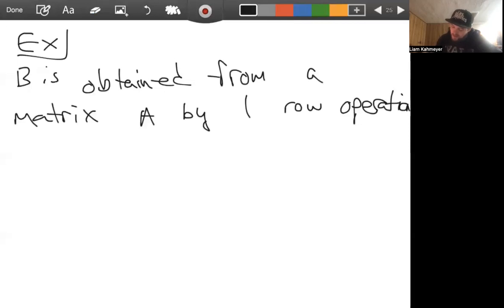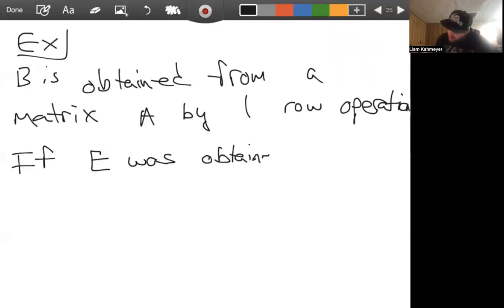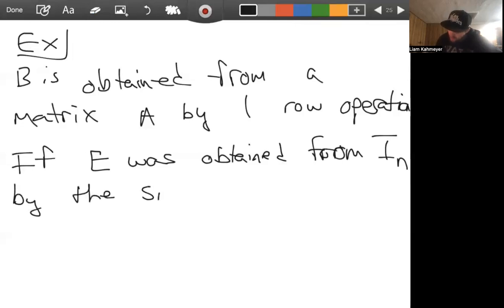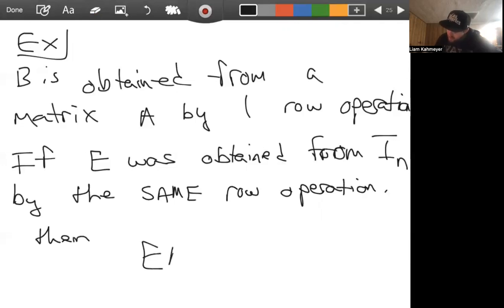Then if E was obtained from I_n by the same row operation, then EA equals B. And so you can use elementary matrices to represent B as a product of how it was obtained from a previous matrix.